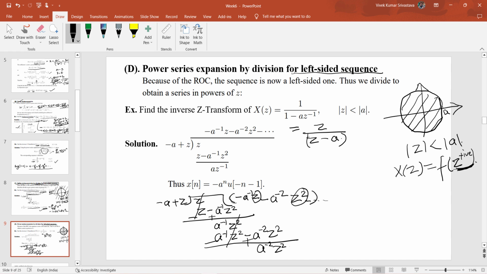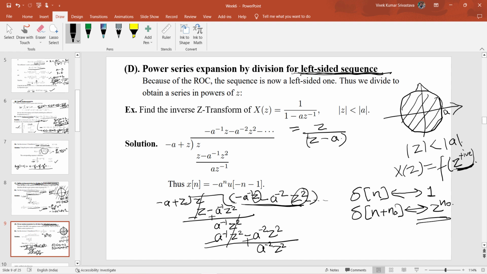This denotes that this is a left-sided sequence, and by taking the inverse Z transform, because from the previous class we have seen that the Z transform of delta of n equals 1, and by using the shifting property, this will be equal to z raised to the power n naught.